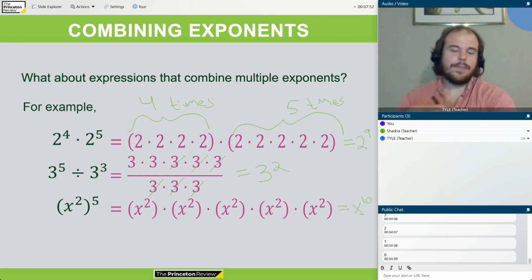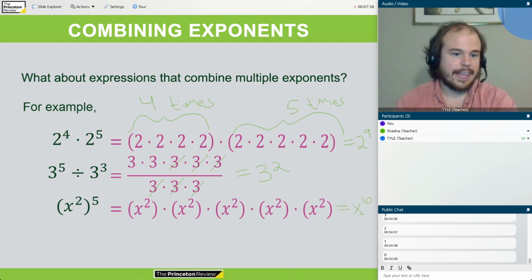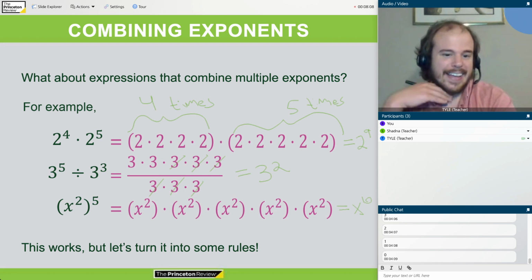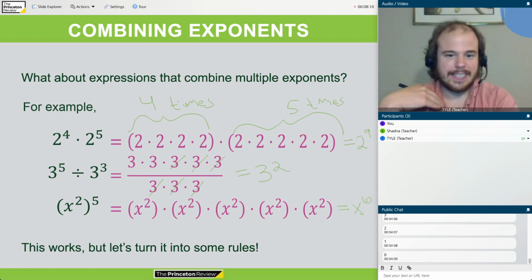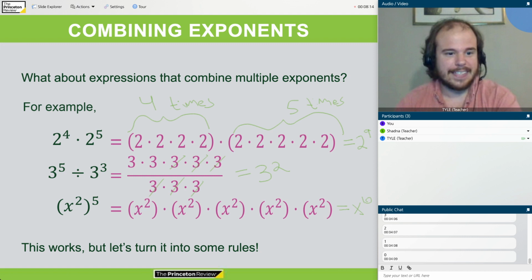Great, so hopefully all of that makes sense. For expressions that combine multiple exponents, we could always go through like this and combine the different expressions piece by piece. But it would be nice if we had some more general rules, some shortcuts that we could use instead of having to break things down into their components and then recombine every single time.